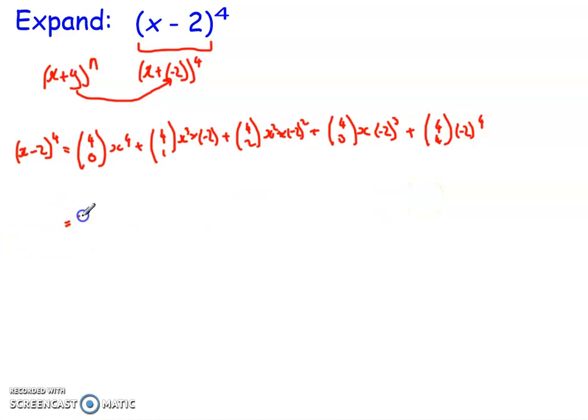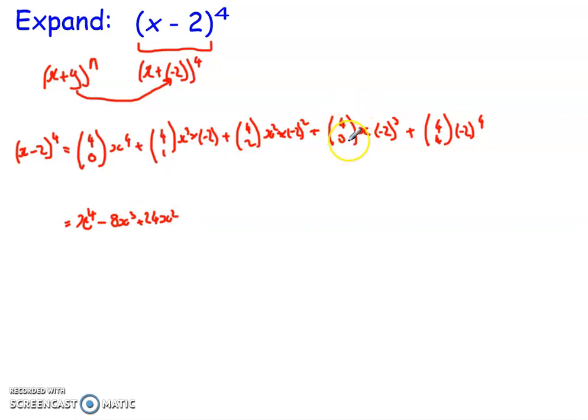So 4C0 is just 1, so I get x to the power of 4 as my first term. 4C1 is just 4, so I've got 4 times negative 2, which is negative 8, so I then get take away 8x cubed. I've then got plus 4C2, well 4C2 gives me 6. I've then got negative 2 squared, which is 4, so I've then got 4 6s, which is 24, so plus 24x squared.